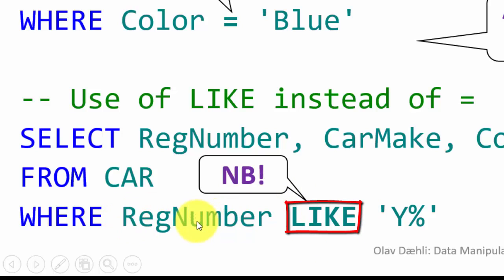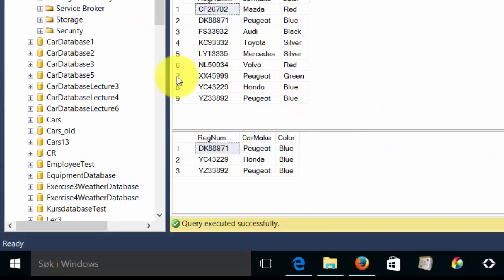So when we write where reg number like y and this % sign, then all the reg numbers that start with a y will be returned. And I could also use more letters than y here. Everything that's in front here will have to be an absolute criteria, but whatever the last part of the word is, it will be accepted.